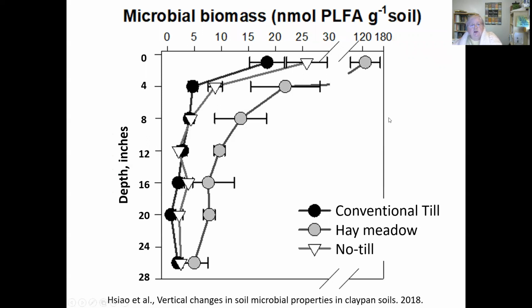We can see again, looking back at our soil profile, we have a huge microbial biomass. Note this break in the axis here. We're up at 120 nanomoles PLFA per gram of soil. For the hay meadow, it drops off quickly, but it always stays well above the microbial biomass in the no-till or in the conventional till. And in this case, we can see a difference between the no-till and the conventional till, but they do drop off fairly quickly as you go deeper into the soil.